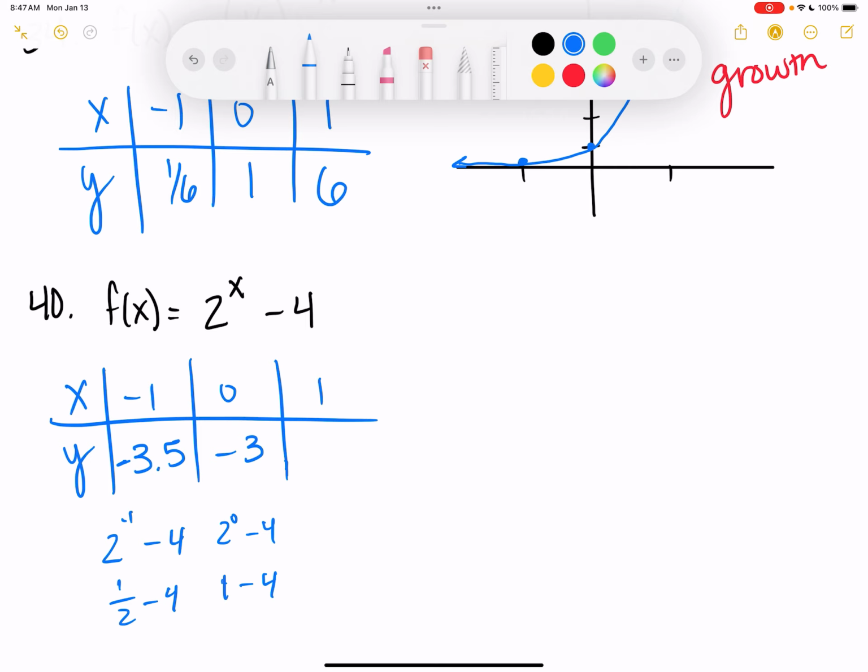And then over here, when I plug in 1, I just have 2 to the 1 minus 4, which is negative 2. And then still just plotting points, although this one is going to be down in the bottom this time. So at negative 1, I'm at negative 3.5.